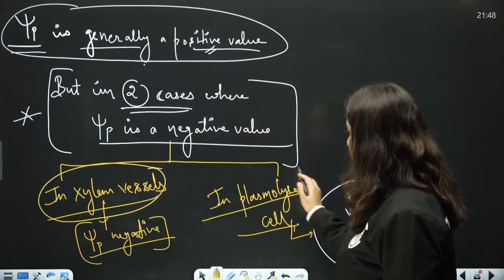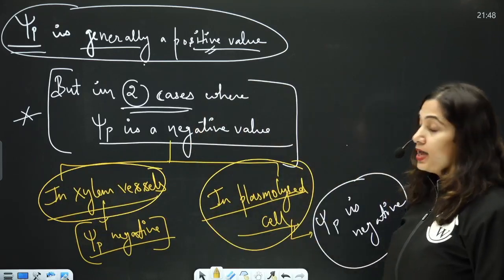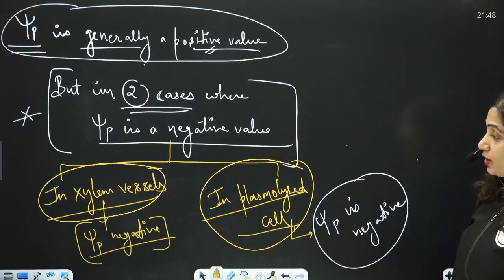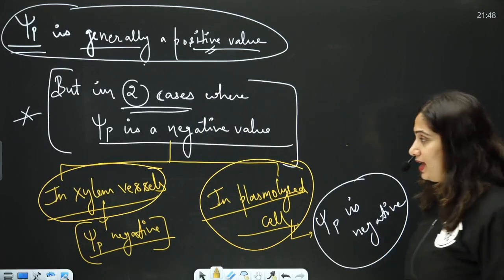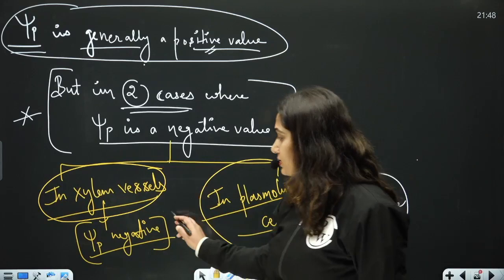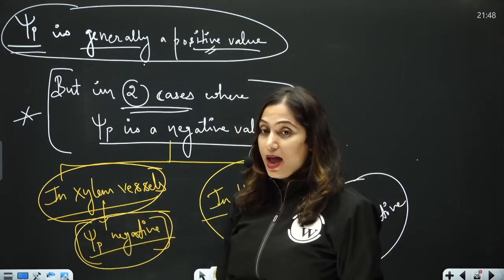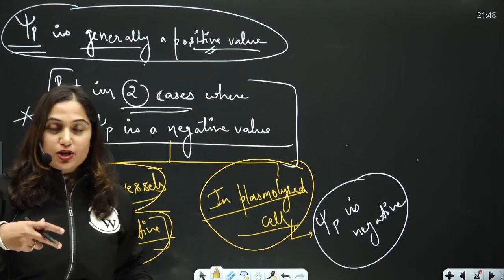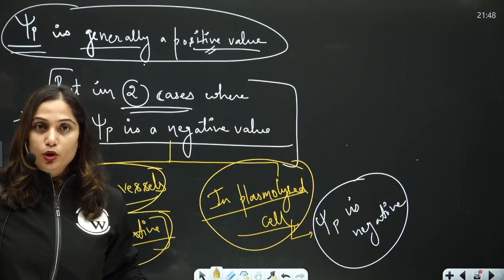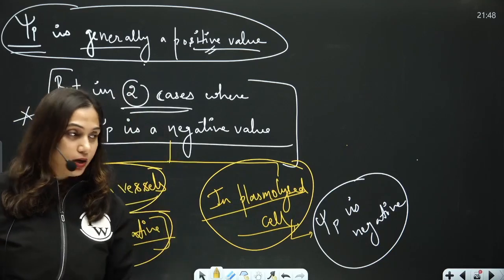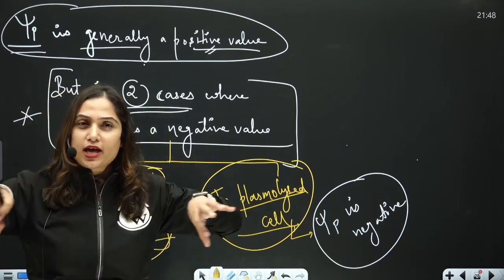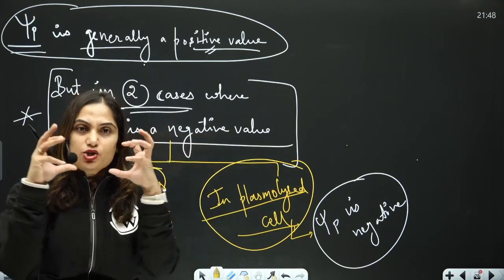But there are two important cases where the pressure potential is a negative value. In case of xylem vessels, psi P is negative. Why? Because in xylem vessels, there is negative pressure created by the transpirational pull. The pressure is maintained negative in it. In a plasmolyzed cell, it is a cell from which all the water has come out and the protoplast is shrunken now.